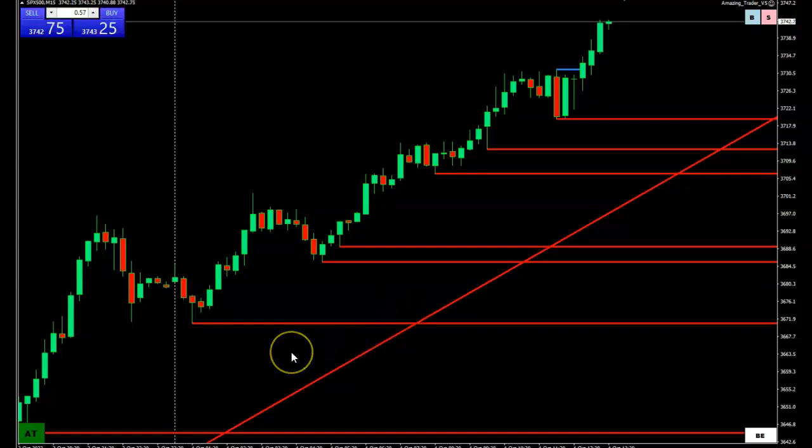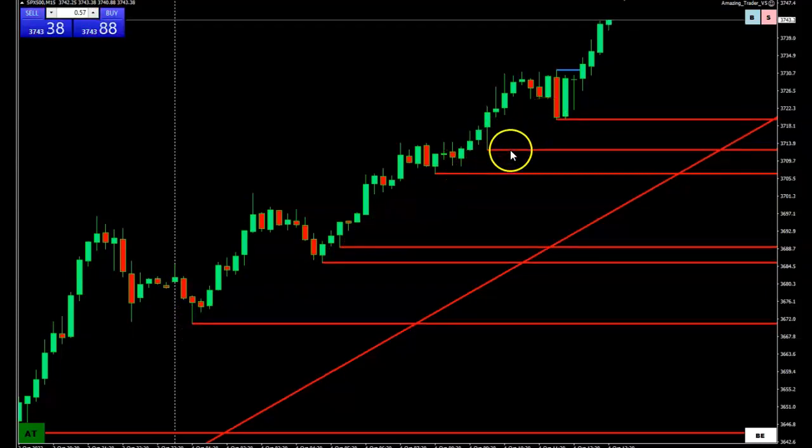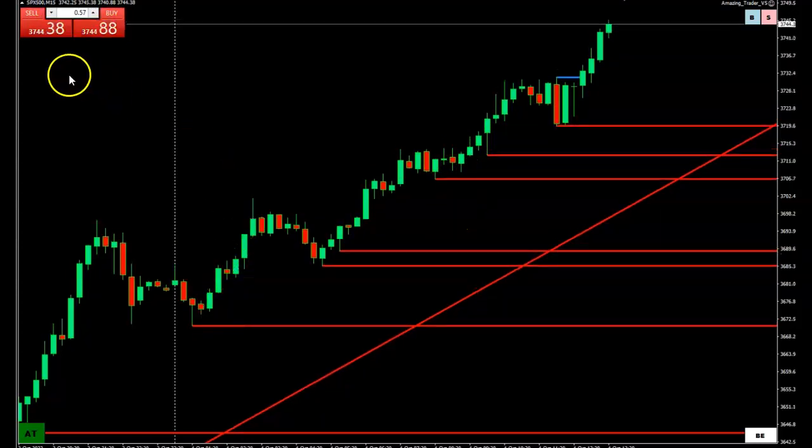preceding AT lines in a ladder have to hold. In other words, if this episode started over here, at the start of the day basically, and you started to move up, as long as none of the preceding lines are broken, then an episode is also an AT trend.